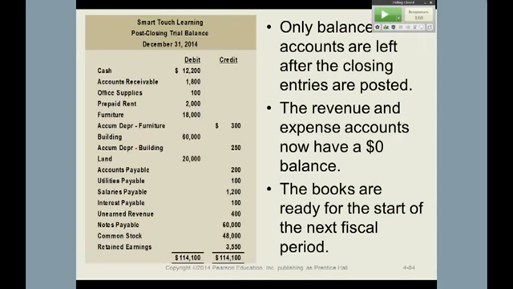Well, like any other trial balance, the purpose is to ensure the equality of the debits and credits. It doesn't ensure accuracy, but it ensures the equality of the debits and credits. If this didn't balance, you know you have a problem, and it could indicate that your financial statements are wrong. So the design is to ensure the equality of the debits and credits.